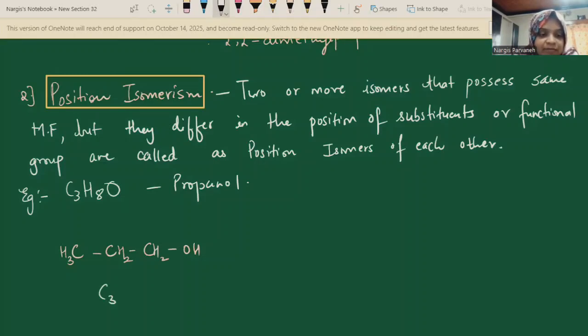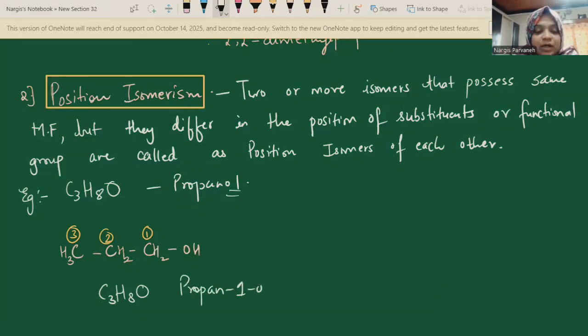C3, 5, 6, 7, 8, H8O. This is called propan-1-ol. 1, 2, 3. Because it is an alcohol, it should have ol as the suffix, and carbon number 1 bears that OH, so the name will be propan-1-ol.